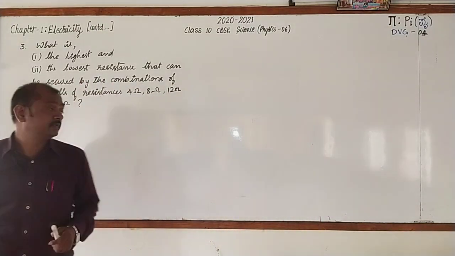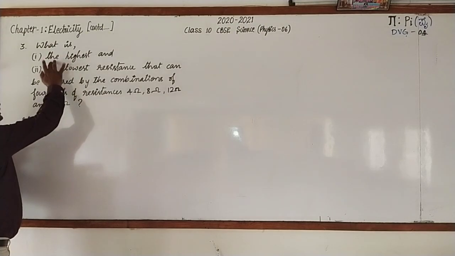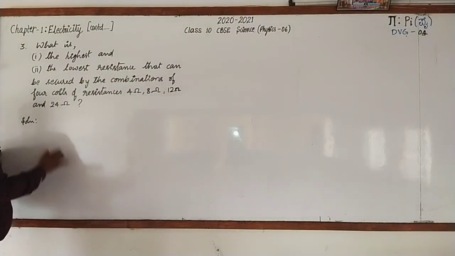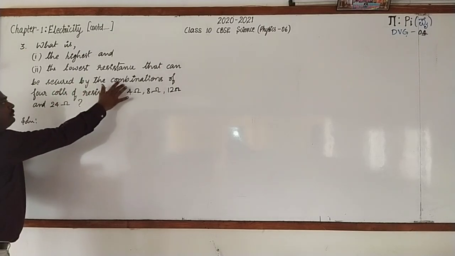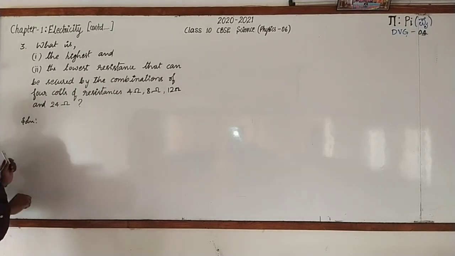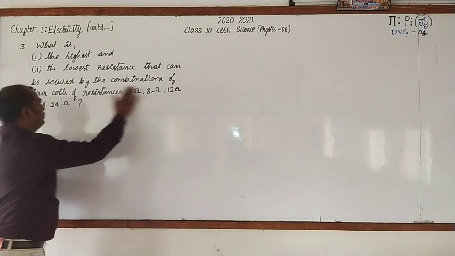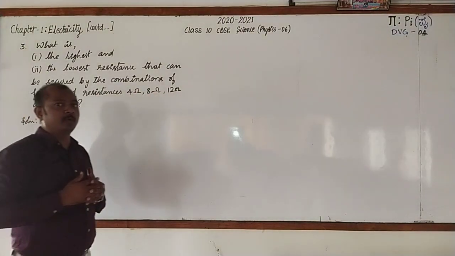Just go through that. What is the highest and the lowest resistance that can be secured by the combinations of 4 coils of resistances 4 ohm, 8 ohm, 12 ohm and 24 ohm?